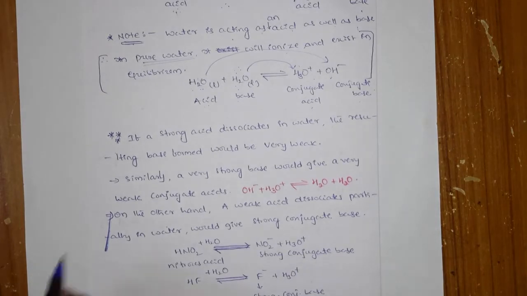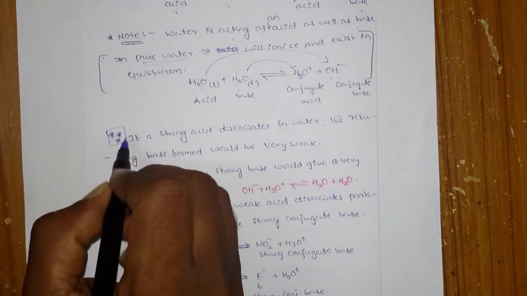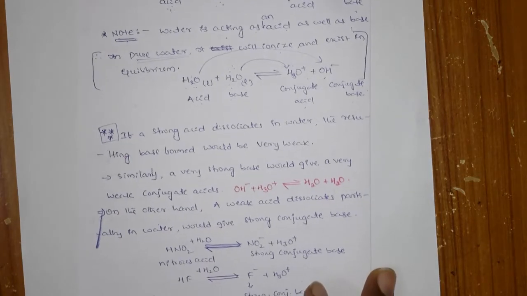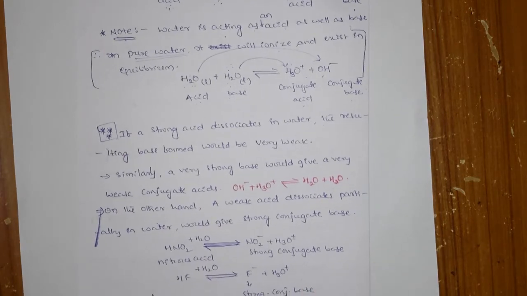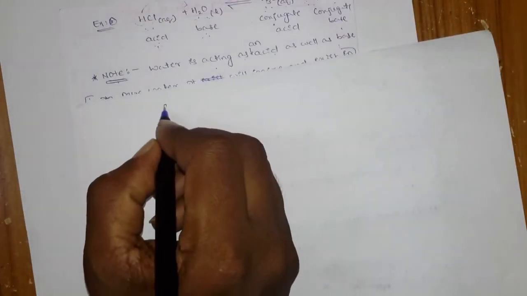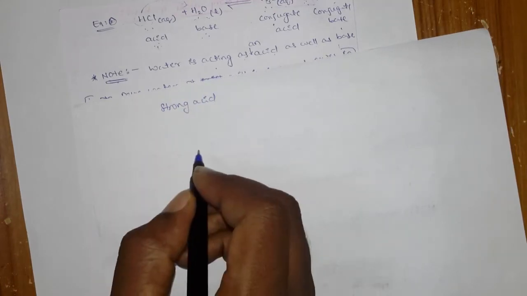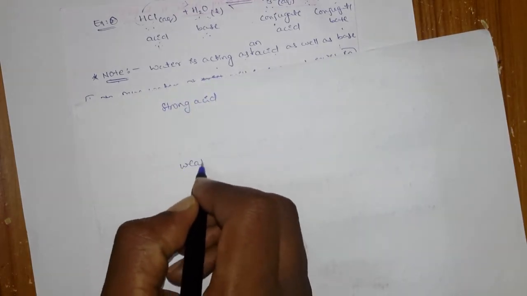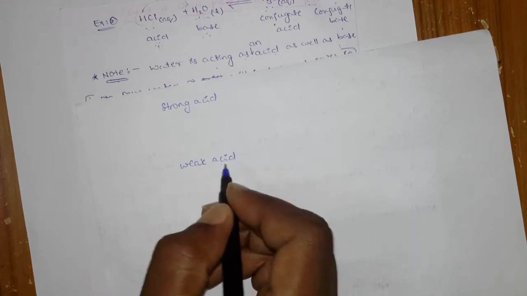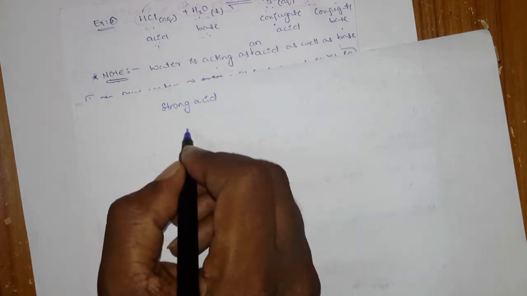And one more very important point: up to now you learned about conjugate acid and conjugate base. Okay, and what he is going to say here is very simple. Let us take strong acid. Just now we have discussed that some are strong and some are weak, right? I'm going to take two acids, a strong acid as well as a weak acid.